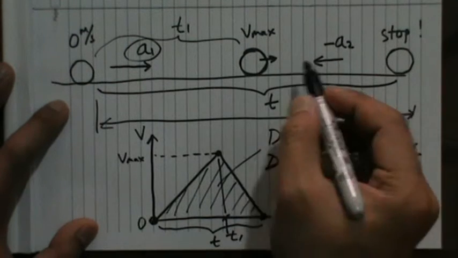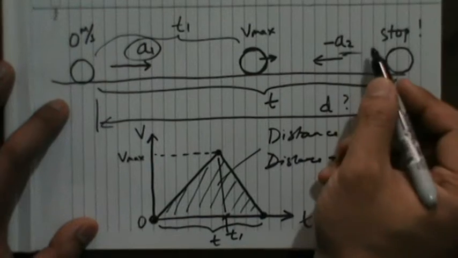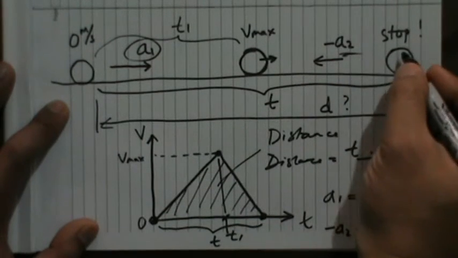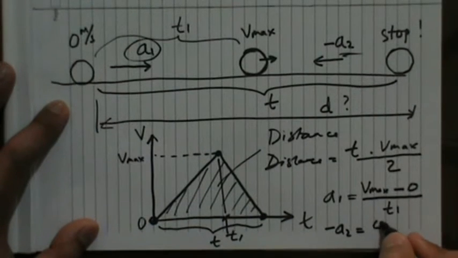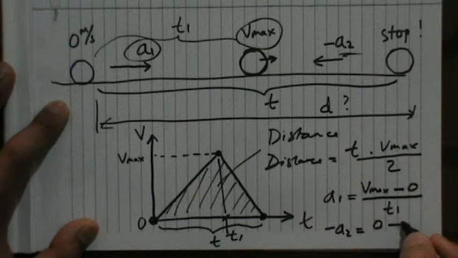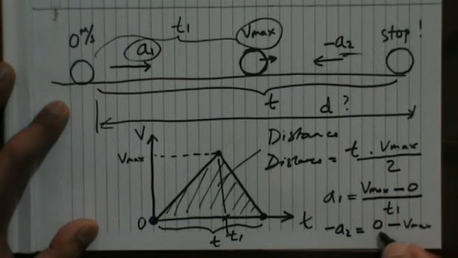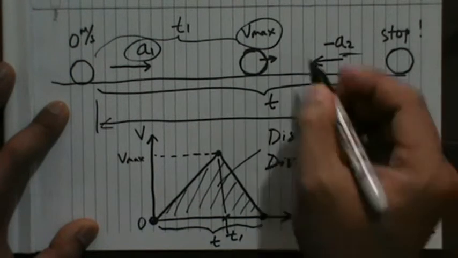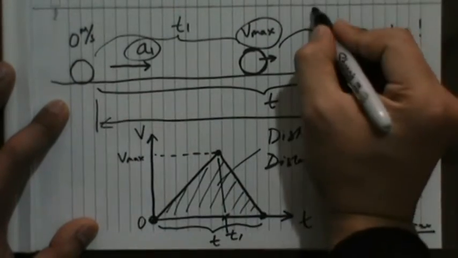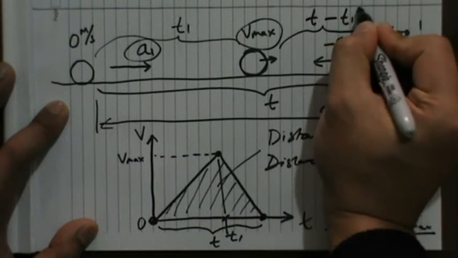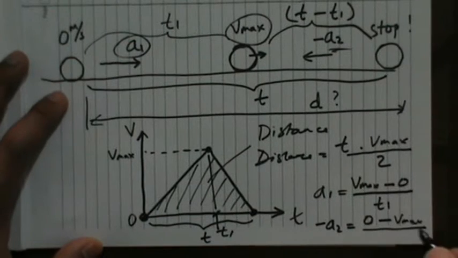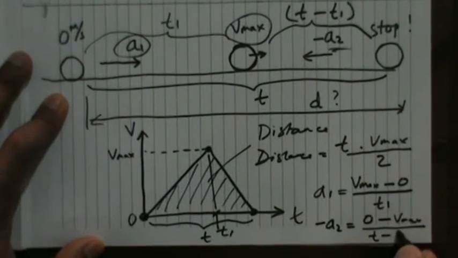And now it decelerates, minus a2. So minus a2 is the final speed here, 0, minus the initial speed Vmax, divided by the time here, which is t minus t1.